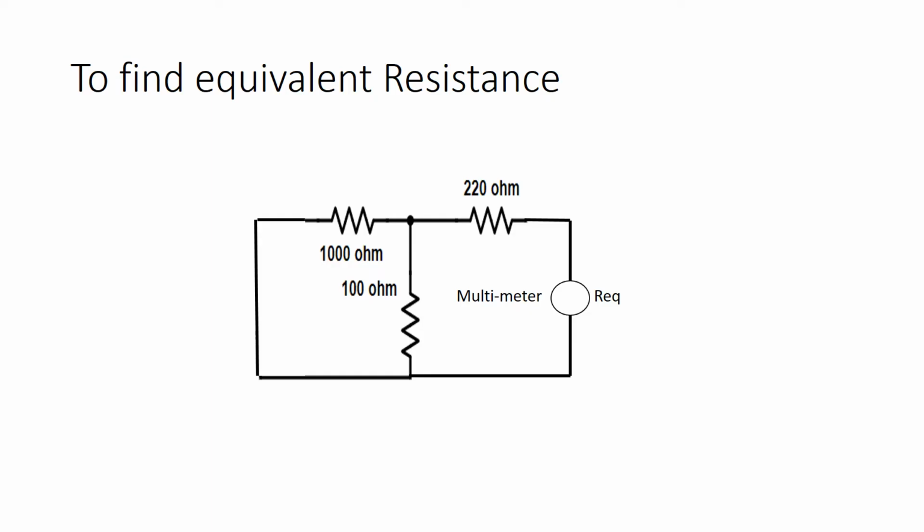This is the circuit diagram in order to find the equivalent resistance, where we have removed the load resistance and removed the voltage source and shorted there. So here we are going to connect the multimeter across the terminals at the end of the equivalent circuit, and we are going to find the equivalent resistance of the given circuit.